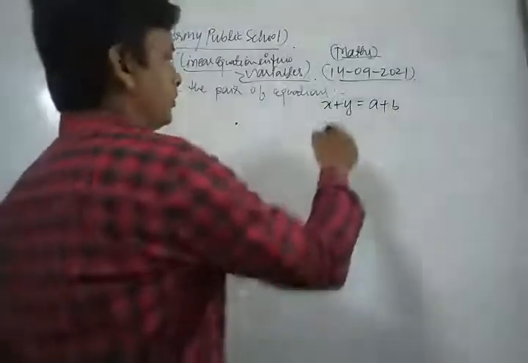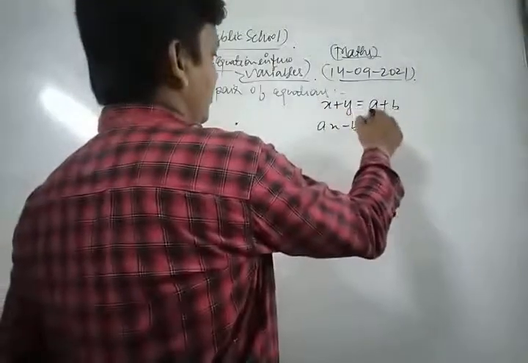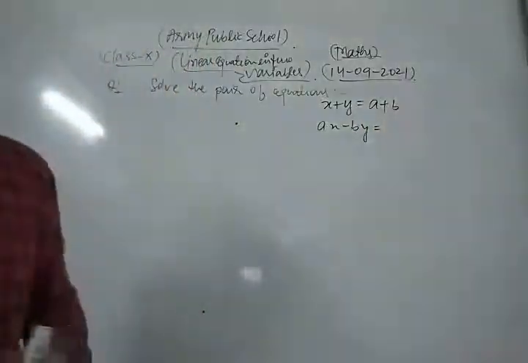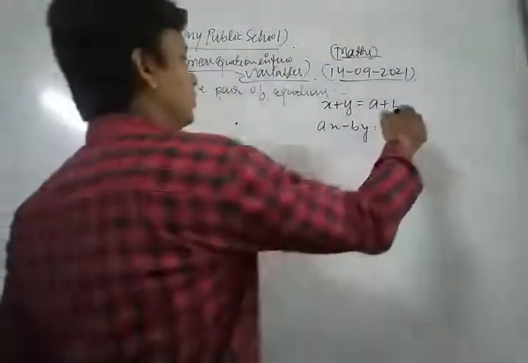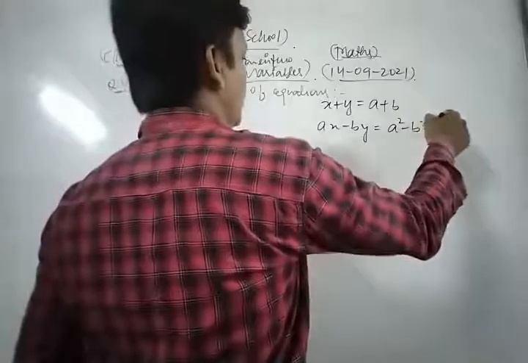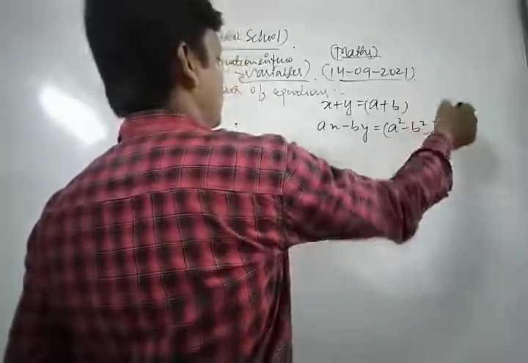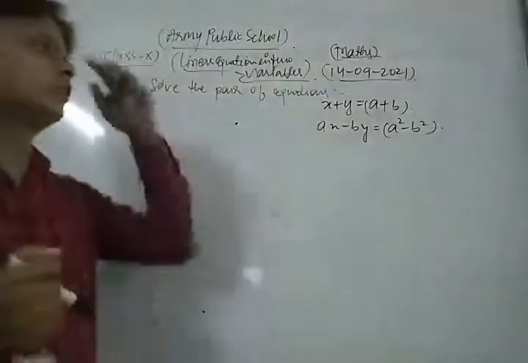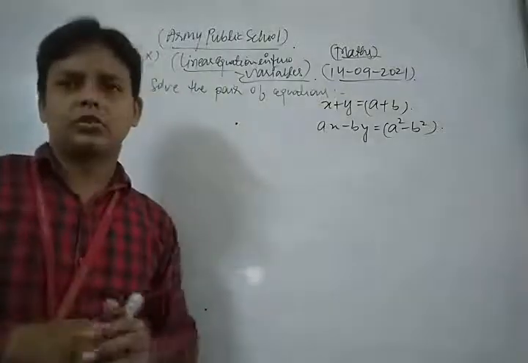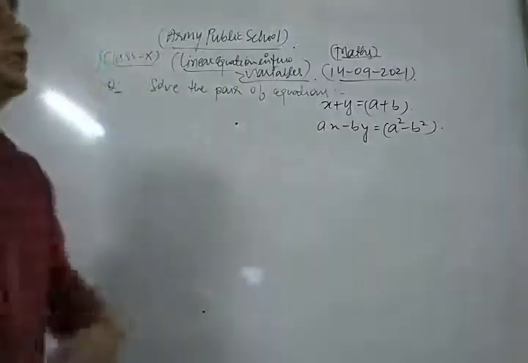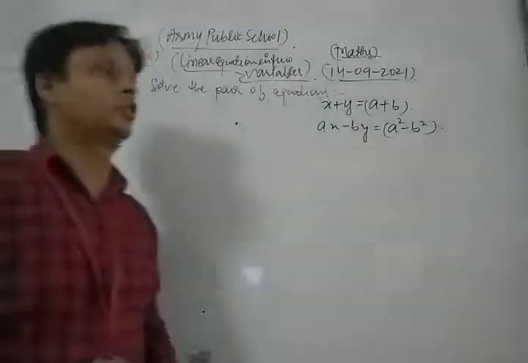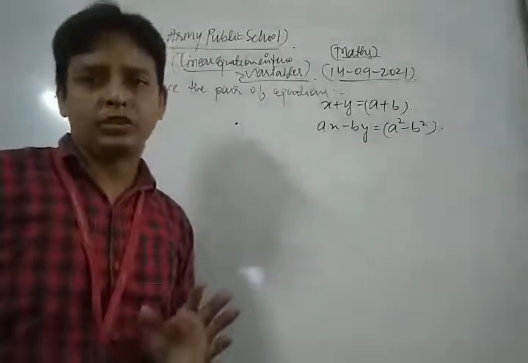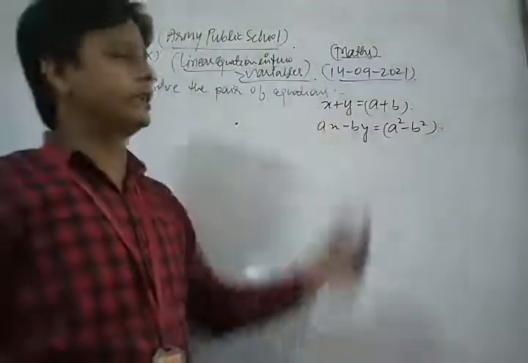Second one, ax minus by is equal to a square minus b square. Okay, now this is the question, based on linear equations in two variables. Here there are two variables, x and y.